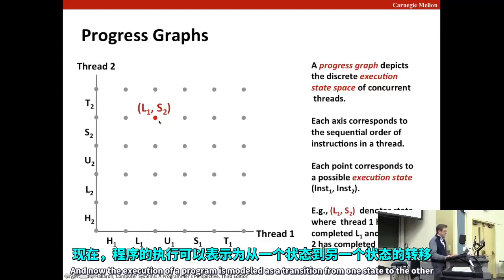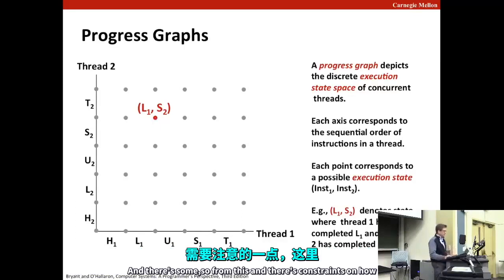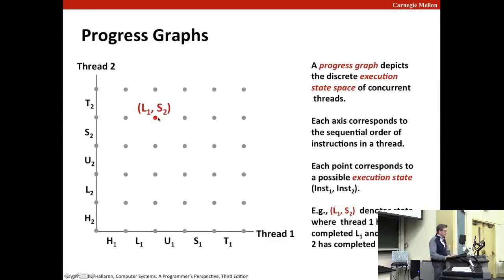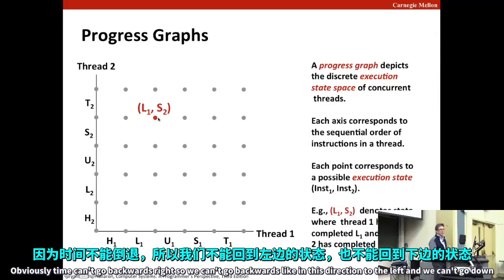Now, the execution of a program is modeled as a transition from one state to the other, and there are constraints on how these states can advance. From this state, L1, S2, obviously time can't go backwards, right? So we can't go backwards to the left, and we can't go down.